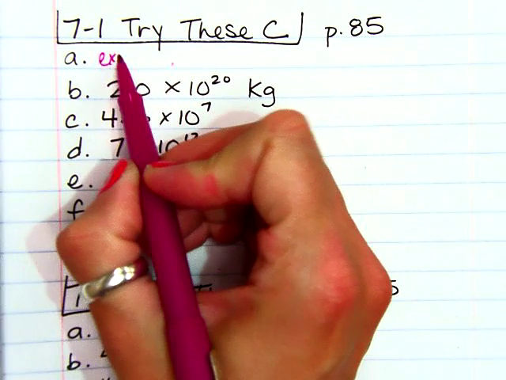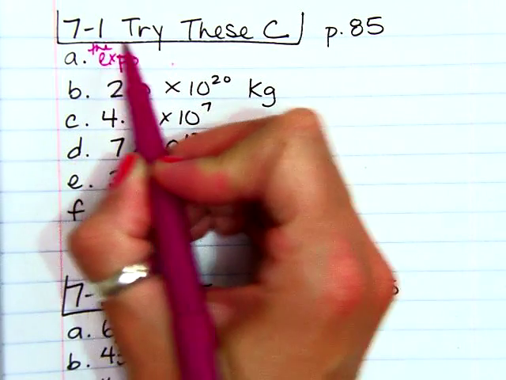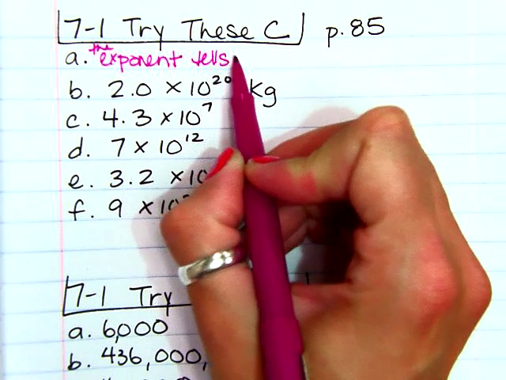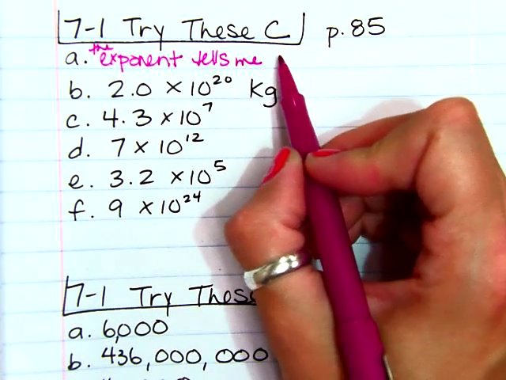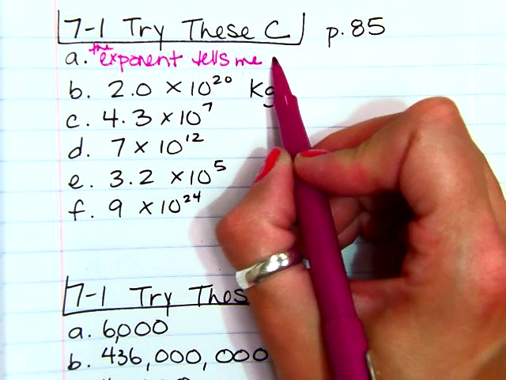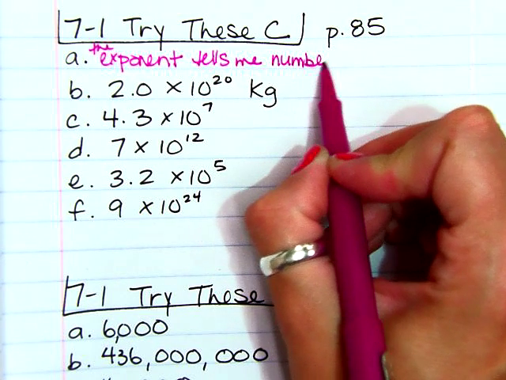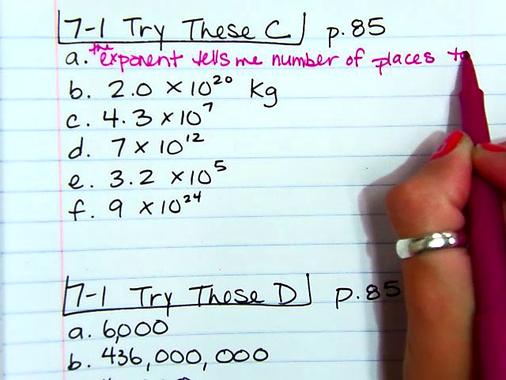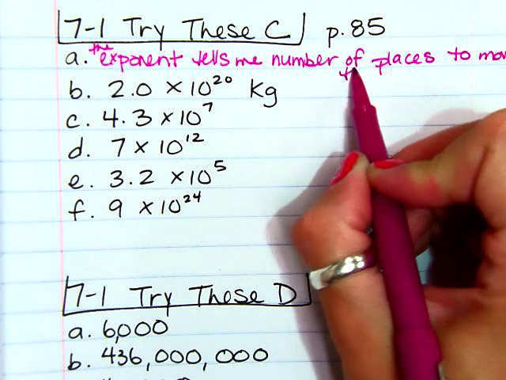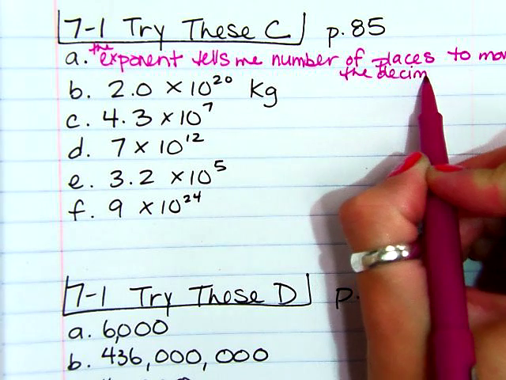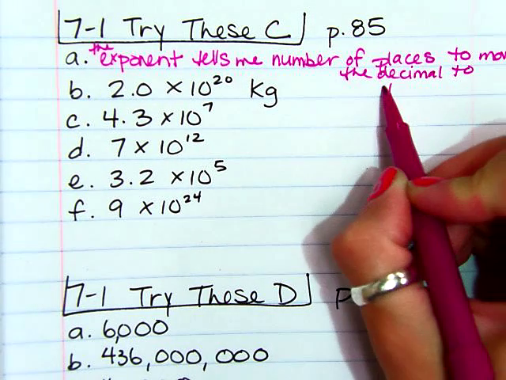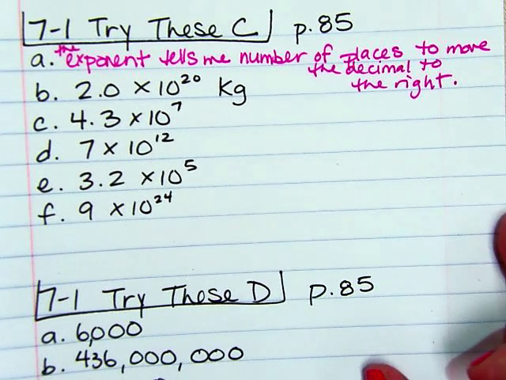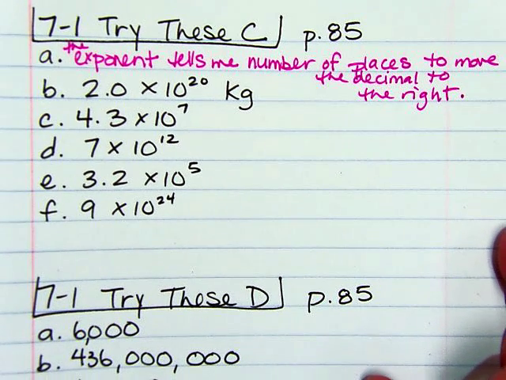So I guess I should write the exponent tells me the number of places to move the decimal to the right. Didn't leave myself very much room for that, but that's essentially what I'm saying.